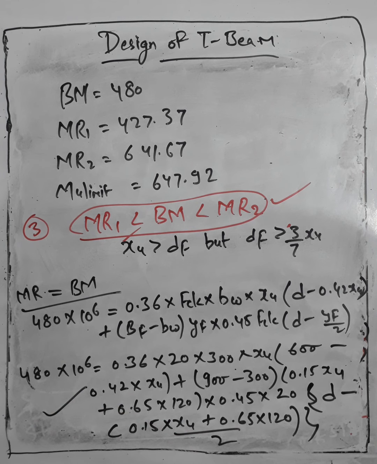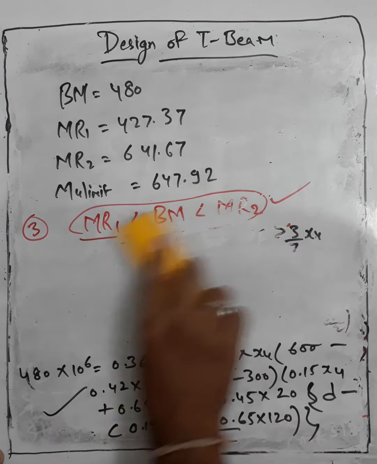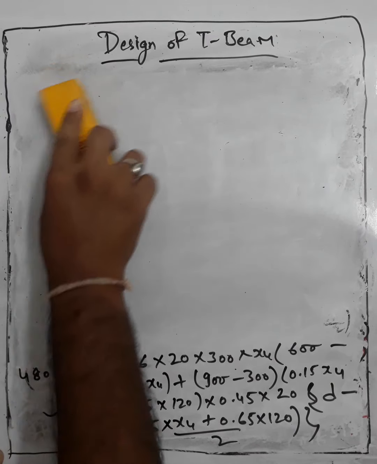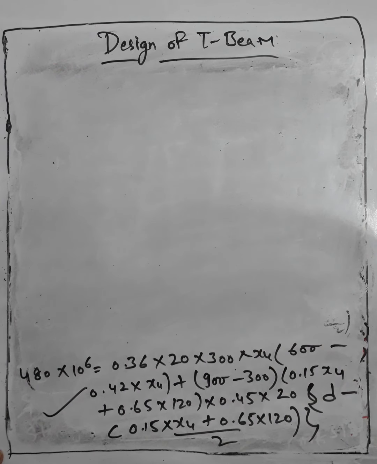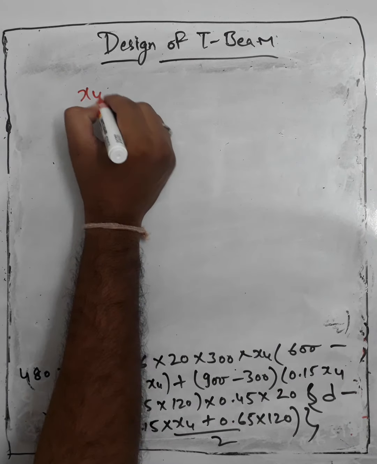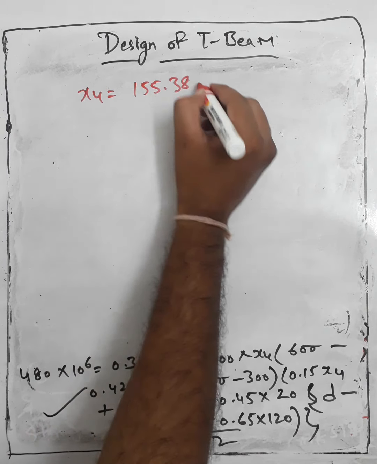After solving this equation, we got our xu value. Now here xu is equal to 155.38 mm.